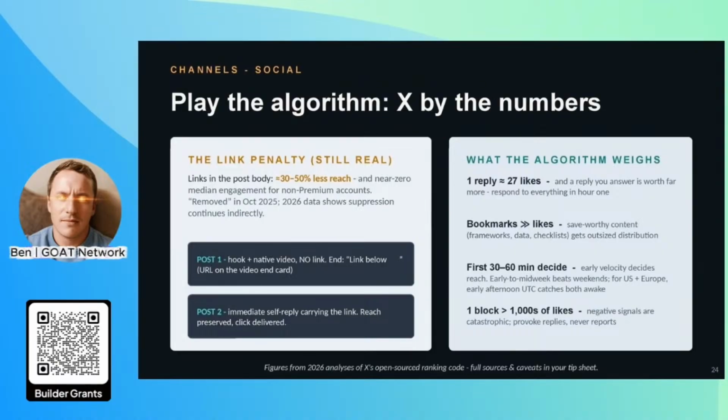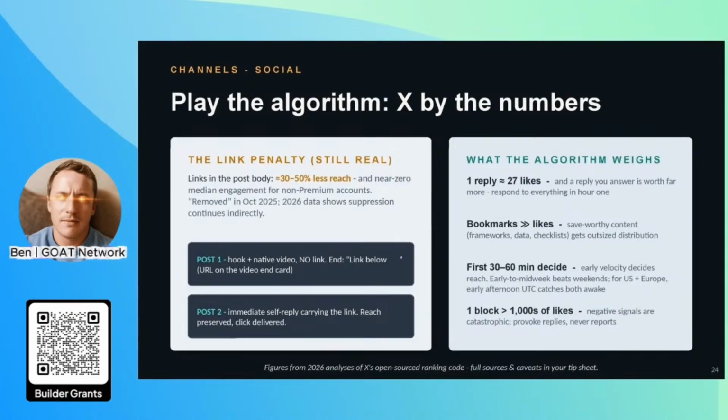So assuming that you have real replies on your posts, that they're not in any way botted, it makes answering every reply almost as soon as it hits, if possible, ideally within the first hour or so, the highest single leverage activity on the platform. That's the thing that the algorithm rewards the most.